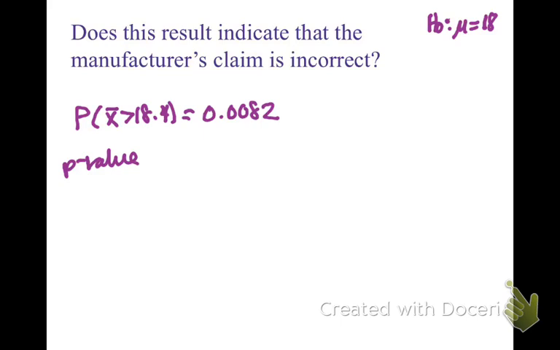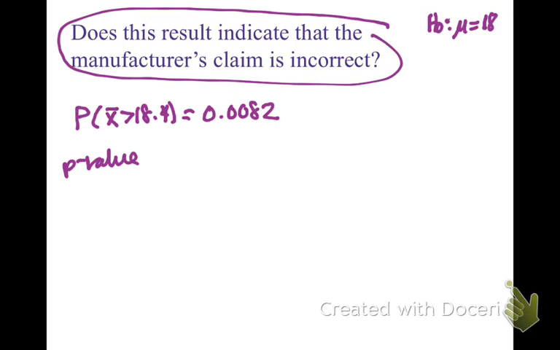So what we're saying here is, if the null was really true, is this evidence that the manufacturer is lying or that their claim is just false? Well, the p-value is the probability of getting this result if the null is true. The probability of getting this result is 0.0082. In other words, I have a less than 1% chance of getting this result, and yet I got it.